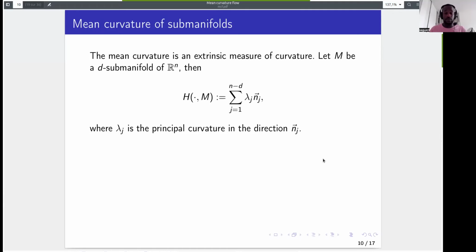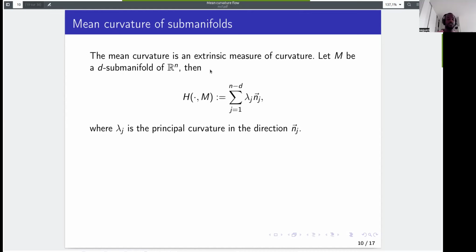Okay, so the mean curvature is an extrinsic measure of the curvature. Not to be confused with the Gaussian curvature, which is an intrinsic measure. Gaussian curvature is for manifolds that are not necessarily embedded. You consider just a manifold defined without embedding it.